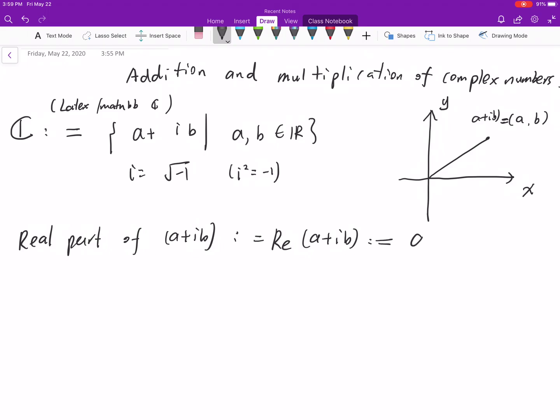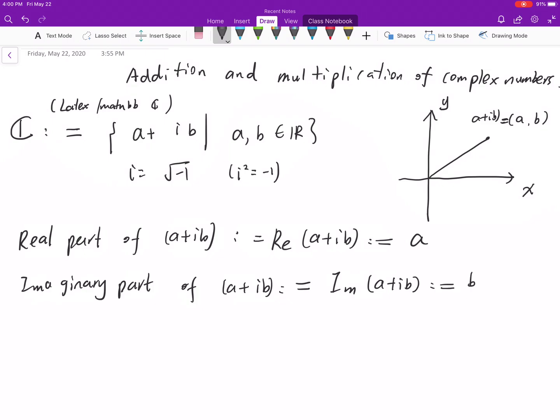This is a. And the imaginary part of a plus ib is denoted by Im, which is defined to be b. So actually this is the x coordinate, this is the y coordinate.